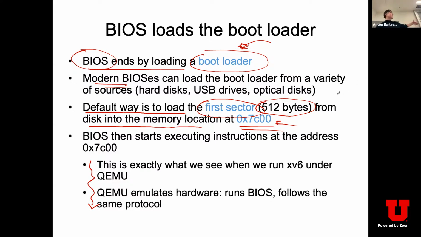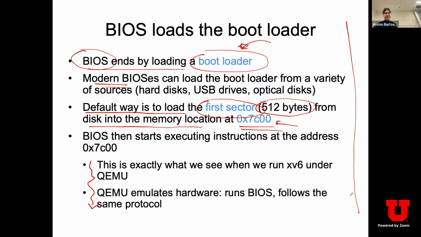And this is where we start. So essentially, if you don't want to know anything about how the system boots, this slide is enough for our class. You just say, look, something was running before me. I don't really care that something loads the first sector of the disk into memory location 7C00. And at that point, I'm running, right?